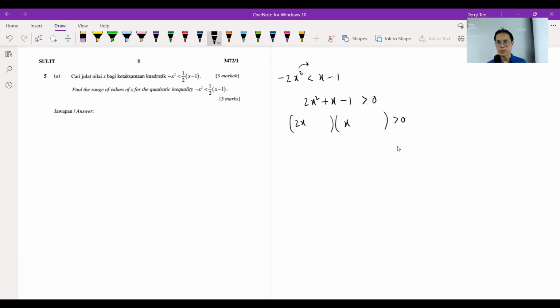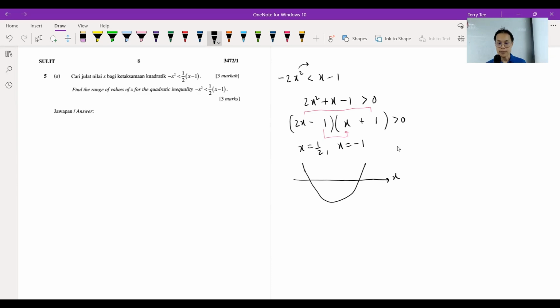Okay, so this double bracket, let it be more than 0. 2x, x, 1, 1, factorize. To get 1 here, I must use 2 and 1. The 2 here should be positive. The 1 should be negative. So the roots are 1 over 2 and negative 1. So let's sketch a graph. I'm using the graph sketching method.